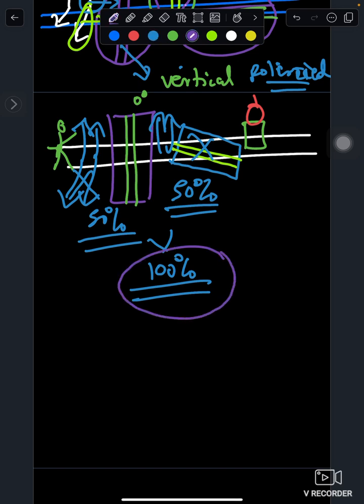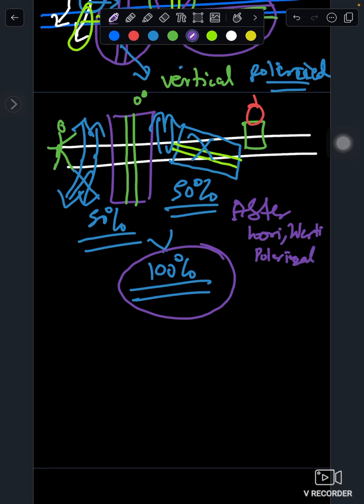So this object, after horizontal and vertical polarization, the light will not go through.